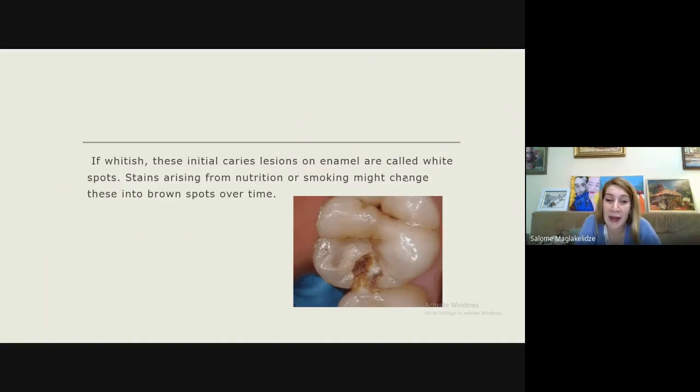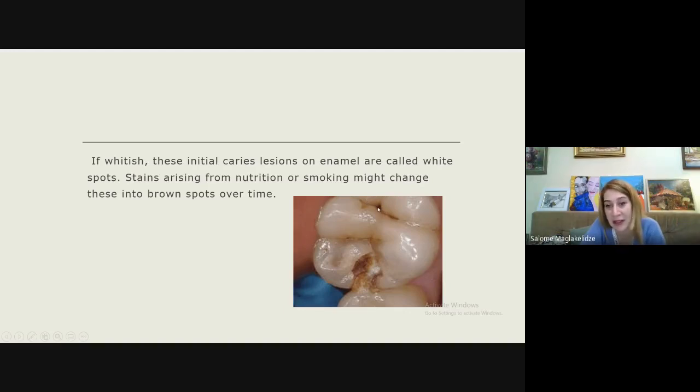So if a whitish lesion, which we call a white spot, changes into a brown spot, this means that it has been there for a long period and some nutrition and some color from smoking is incorporated, and we get this brown spot. I could tell that this is a brown spot; we just take a probe and see if there is any cavitation.